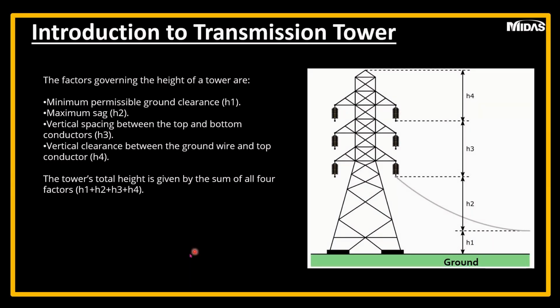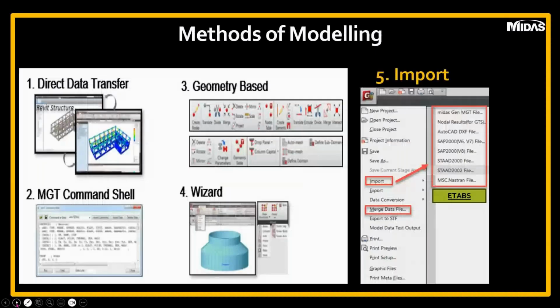With this basic idea on transmission towers, we will start the modeling part. MIDAS Gen software solution can deal with different types of structures like high-rise buildings and transmission towers. The first part of any project is the modeling.